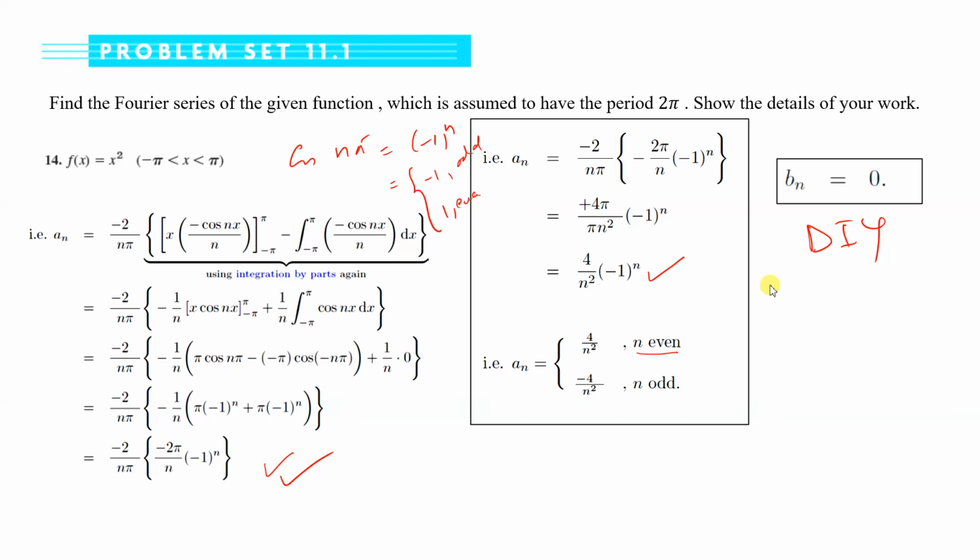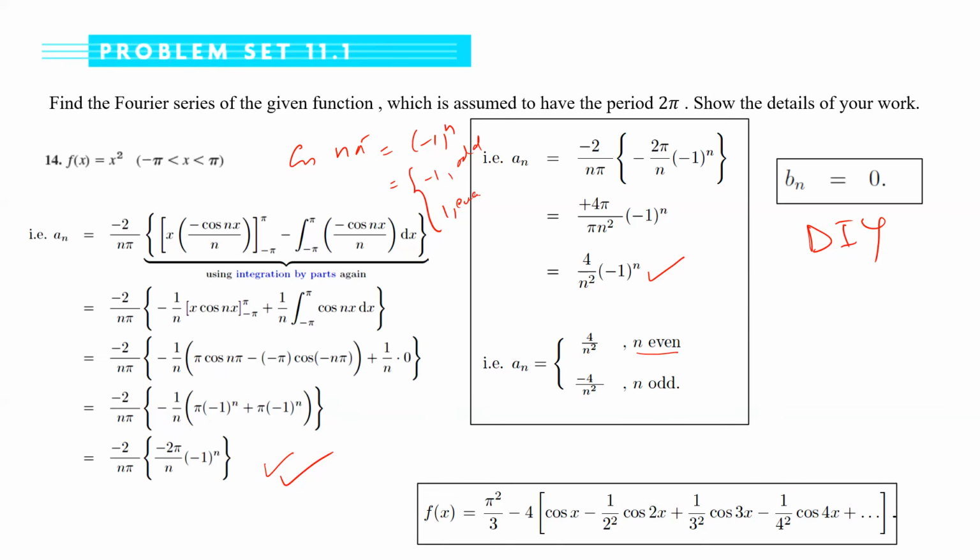So ultimately we have this series. A naught is equal to pi square by 3, as we have already calculated in previous slides. A1 is equal to minus 4. So what is the series?